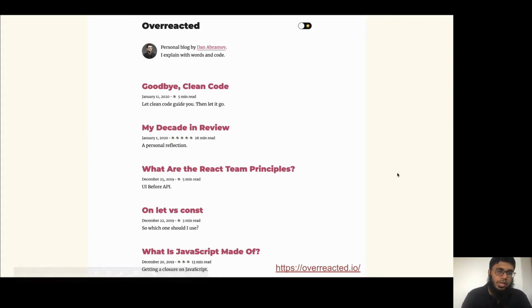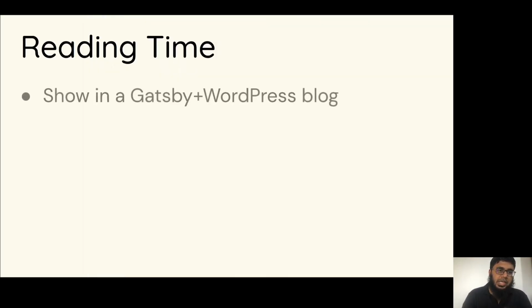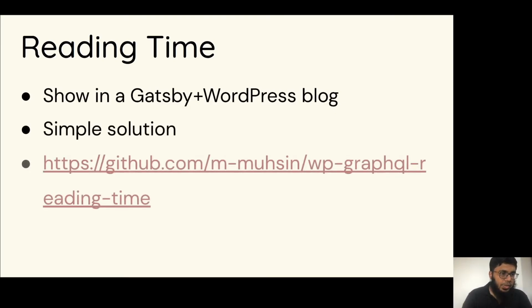So I thought, why not do the same thing for my blog, which is in Gatsby, and the data is coming from WordPress via WP GraphQL. I thought, let's create an extension that would fetch the word count and then return the number of minutes it would take to read that post. This would show in a Gatsby plus WordPress blog. It should be a simple solution, and that is the plugin that I created.